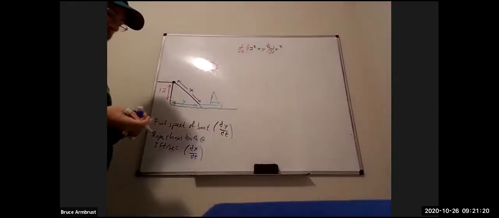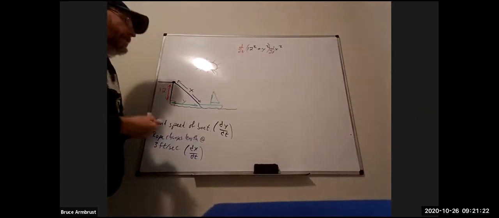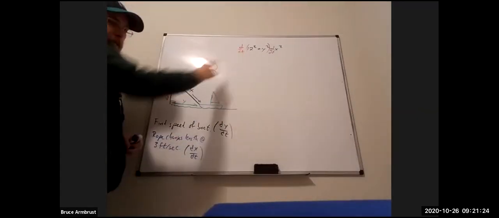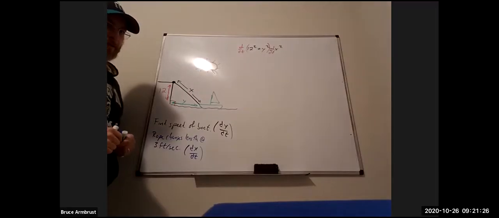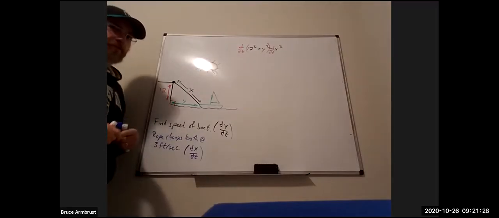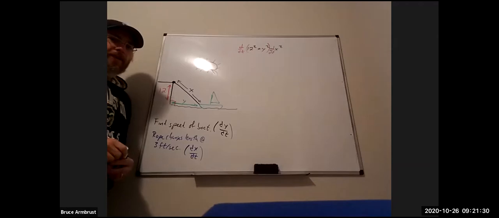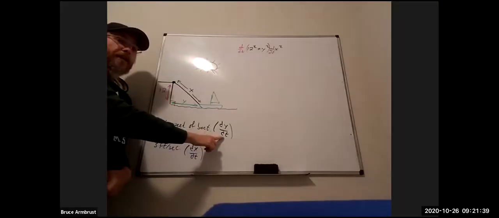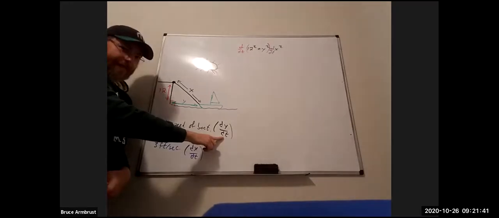The y squared, I'm differentiating with respect to t, not x. Why am I differentiating with respect to t? Because of time. These are rates of change with time. Speeds are rates of change with time.